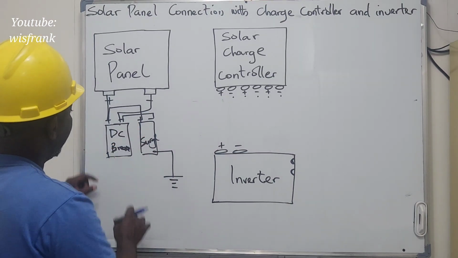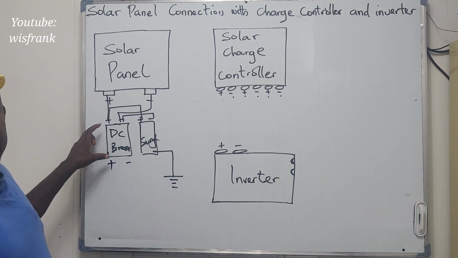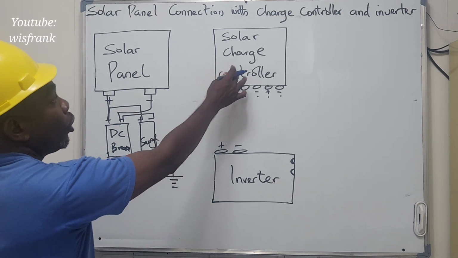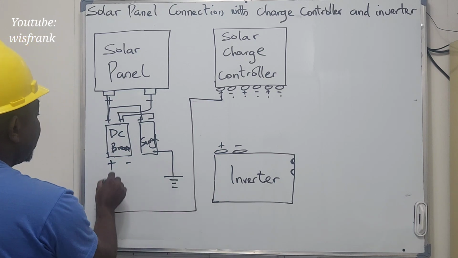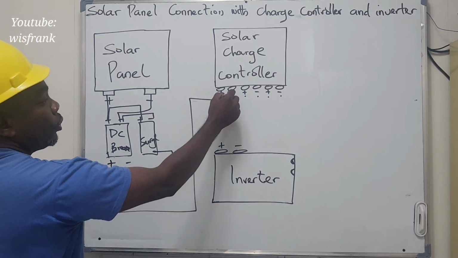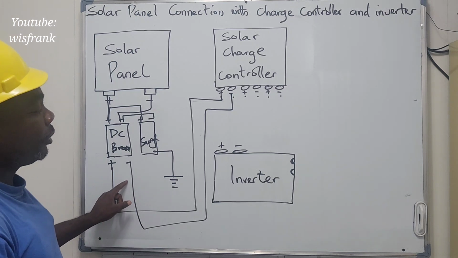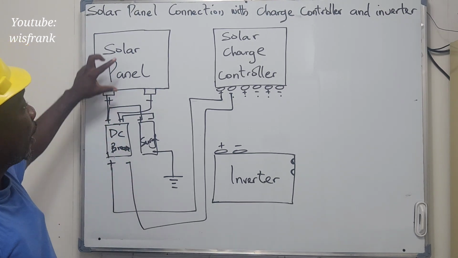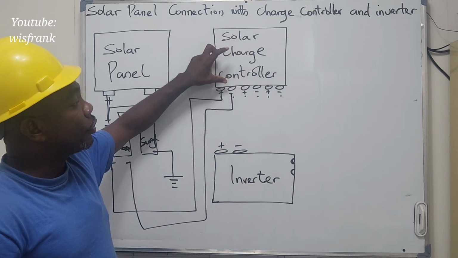So from this breaker, you can make your connection from the positive side of this DC breaker to your charge controller. Where you have positive here will be connected to the positive side of this breaker, and also the negative here will be connected to the negative part of this breaker. So here your solar panel is now connected to this solar charge controller.